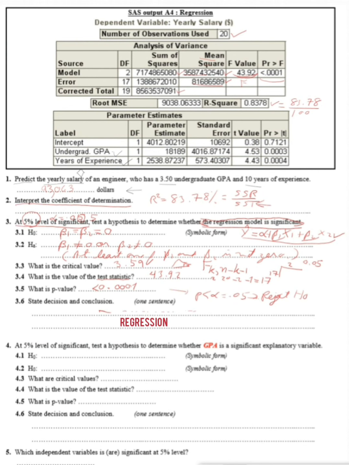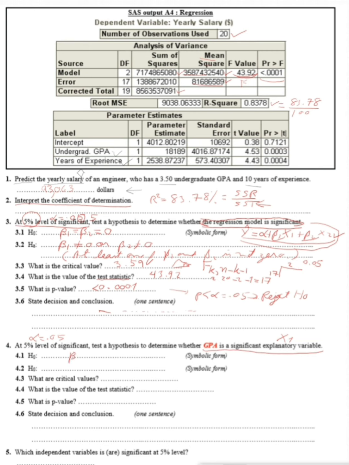Next, at 5% level of significance, alpha 0.05, test a hypothesis to determine whether GPA is a significant explanatory variable. That means x1 explains y to some extent. That means in the equation, beta 1 is not 0.